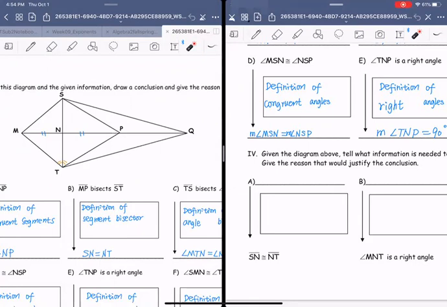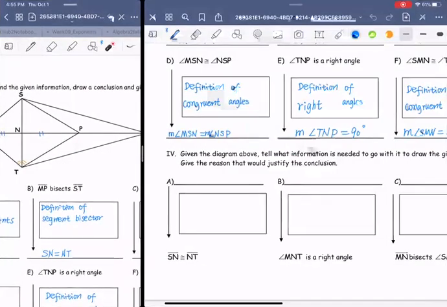If you know that this is a segment bisector of this, then you can make that conclusion. So when you look at this, you want to use the definition of segment bisector. That makes sense? Yes. Definition of segment bisector.